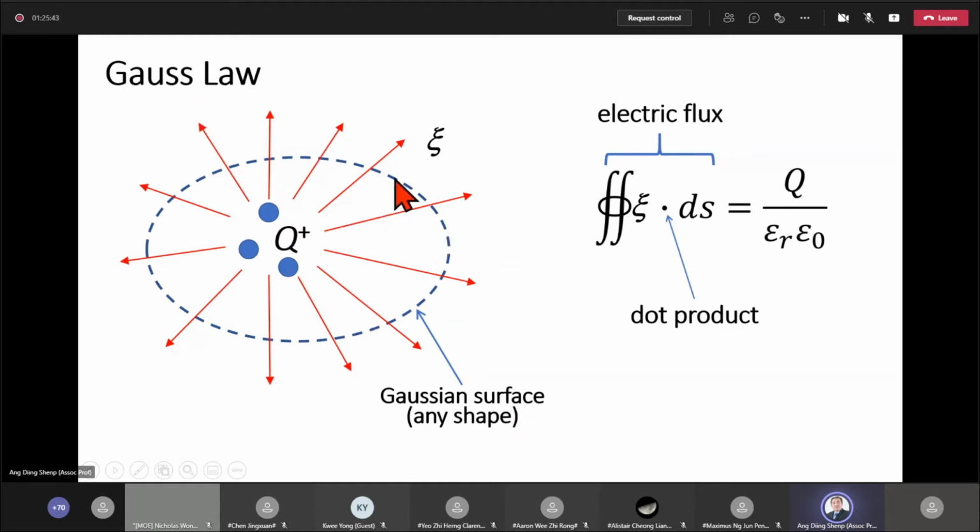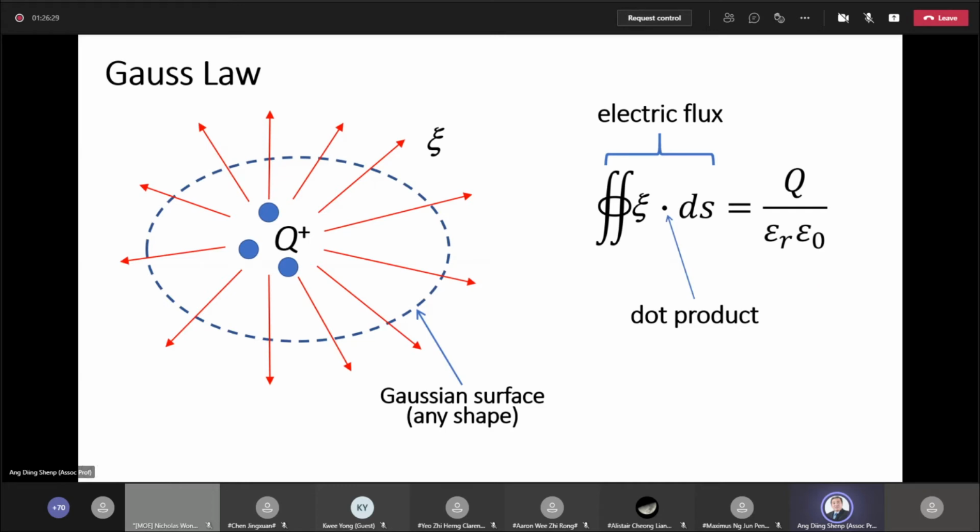So Gauss law says that if you draw any surface enclosing the charge here, and you take the dot product of the electric field and the surface vector of this surface that you have drawn, and then you integrate this throughout the entire surface, or you sum them up throughout the entire surface, which is what integration basically means, you sum this dot product up over the entire Gaussian surface. Then on the right side, you have Q divided by the permittivity of the medium where the charges are present. Epsilon r is the relative permittivity, and epsilon naught is the permittivity of free space. This is Gauss law.